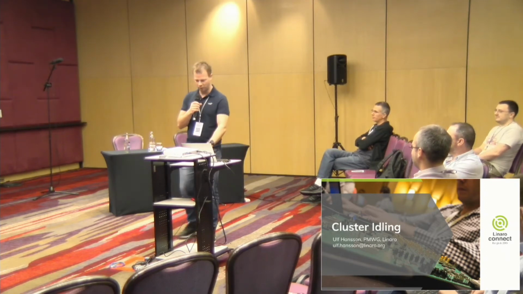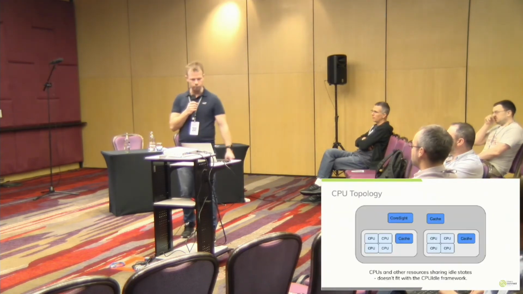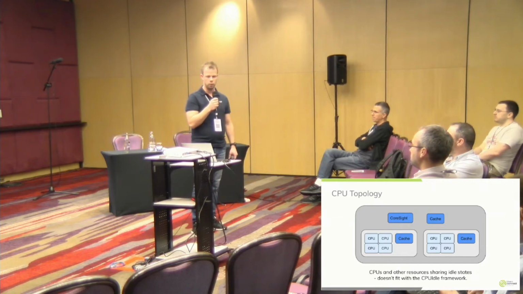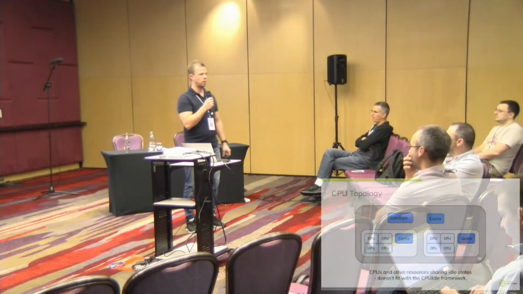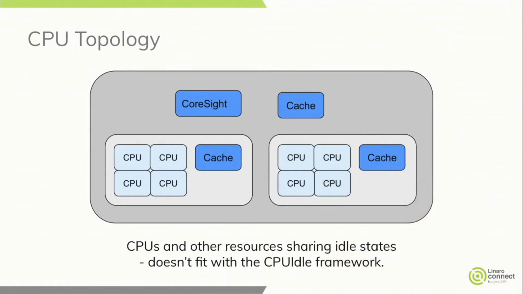So just a quick recap, to get everybody on board. A while ago we started working on this, and more or less the topology we have is a bunch of CPUs being grouped into various clusters or whatever you want to call them, and there is a bunch of other resources coming into play as well, might be shared with the cluster and whatnot.